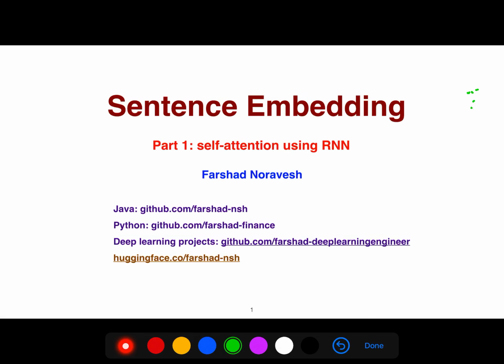Well, in this new playlist, I'm going to be talking about sentence embedding, but we start from the basic thing that comes to mind when we talk about sentence embedding, and we are in 2023. So the first thing that comes to your mind is the transformer architecture.